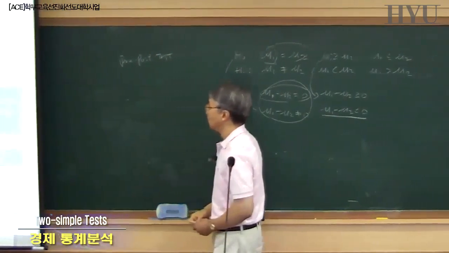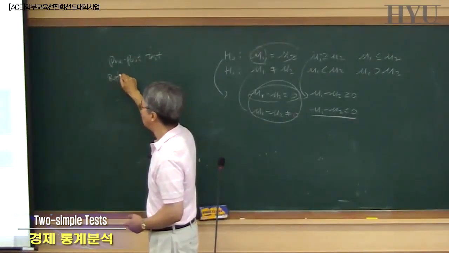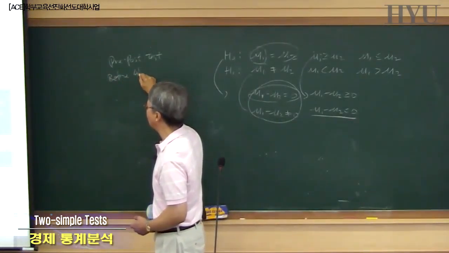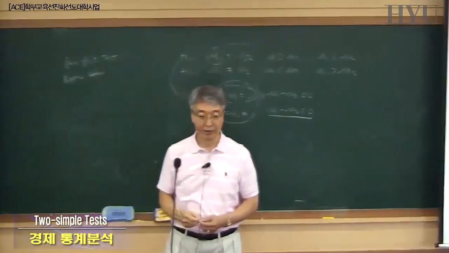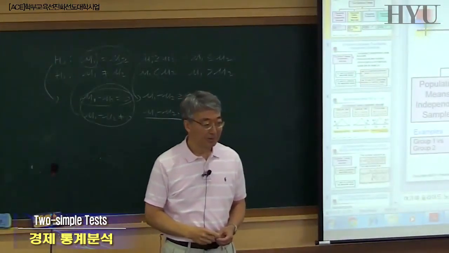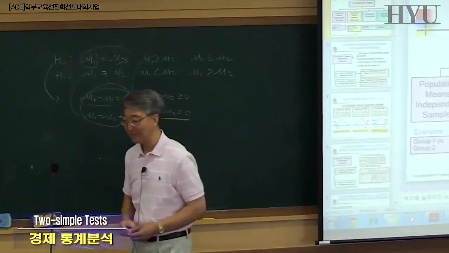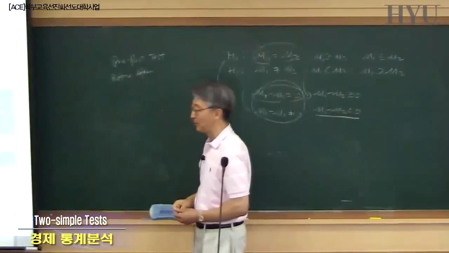Pre-post test means simply before and after. We're comparing before and after. Sounds like some TV commercial for cosmetic surgery. Before and after, right? Is there any difference between before and after, right?